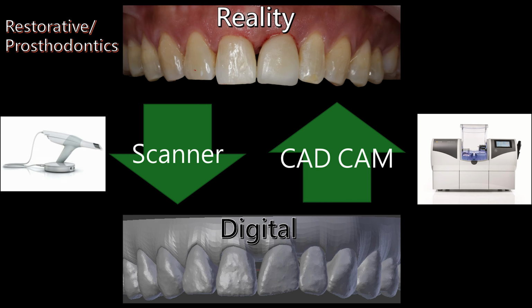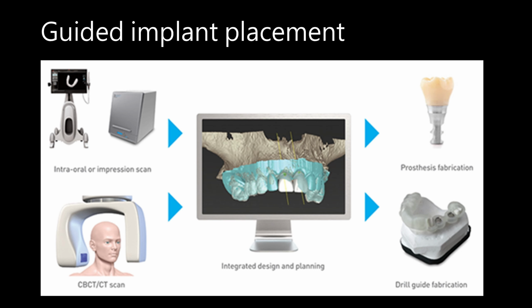Maybe you want to do a crown, you will use the oral scanner to scan your tooth in reality and transform the data of reality into the digital world. And you will do some digital design here and use the CAD machine or 3D printer to put your design back to reality. That's a circle.